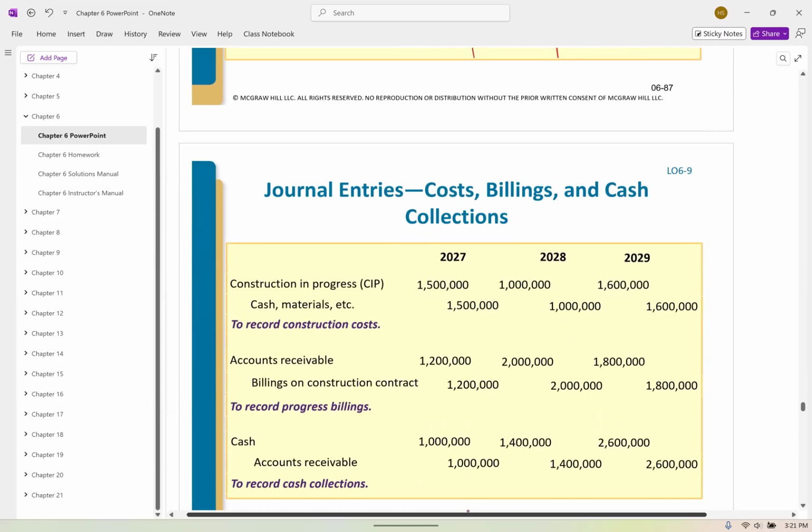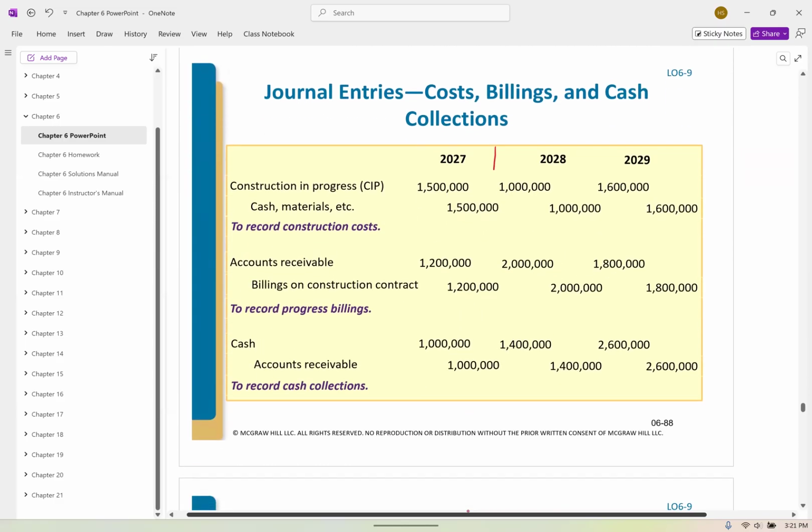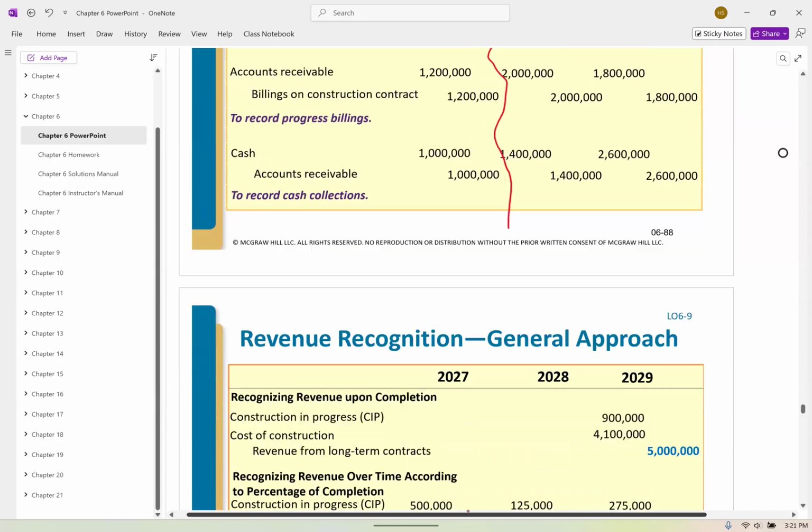They got these rolled together, so let me draw the line there so you can see the journal entries. We did that 1.5 million. We billed 1.2 million, and we credited an account called billings on construction contract. And then we debited cash and credited accounts receivable for the $1 million that we got.